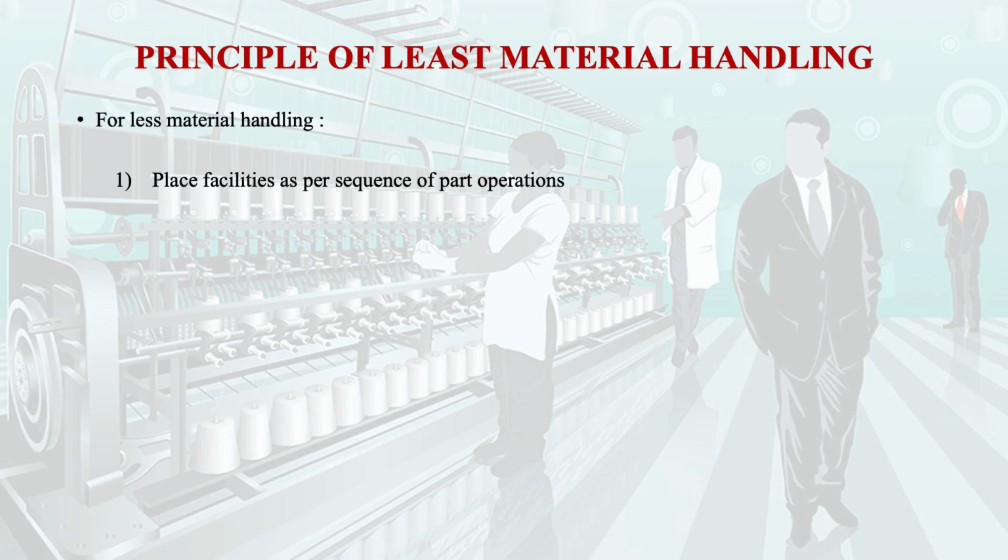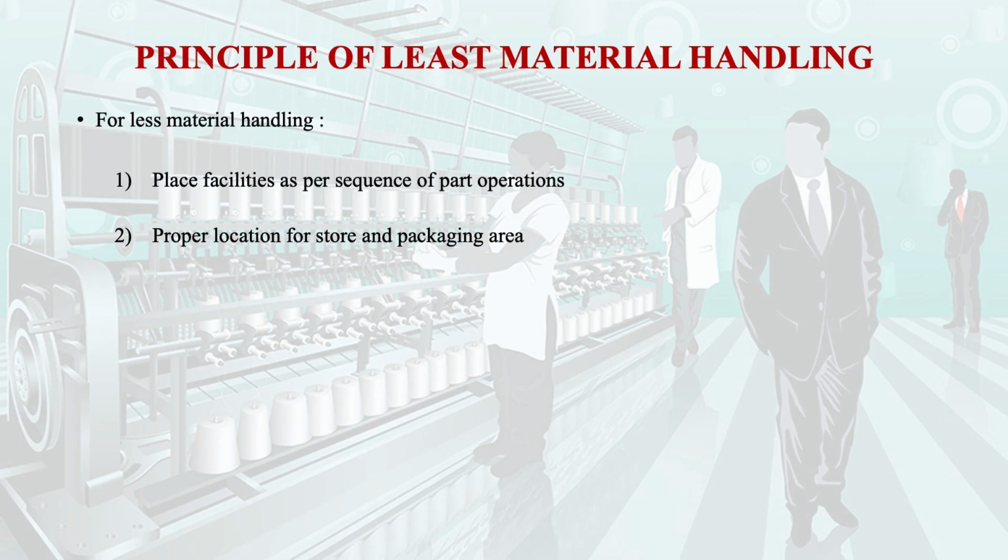Second is the proper location for the store and the packaging area. It has been observed that worker time is utilized moving from store to the workstation and workstation to store. If we keep the location proper for the store, then this movement can be minimized.